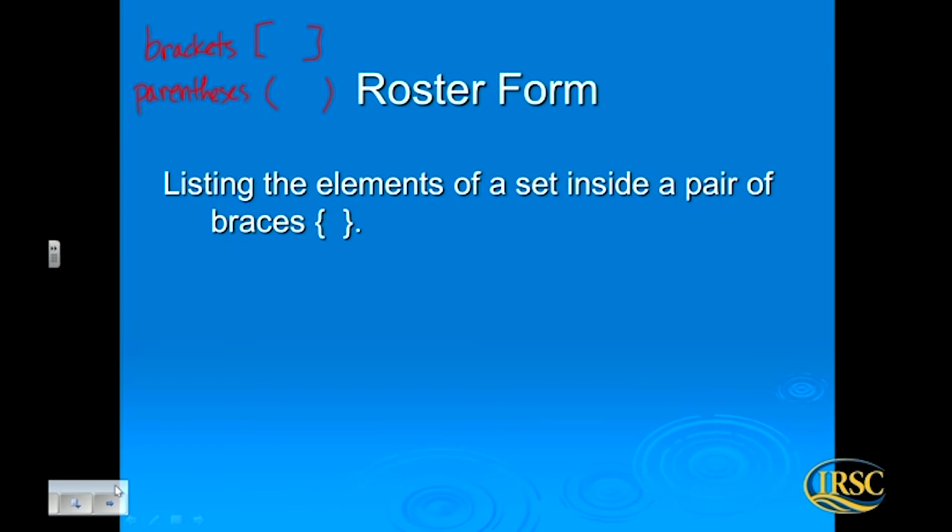It's really important to know the difference between your grouping symbols, because in set theory, we use braces. So make sure that that's clear when you're writing out sets and so on.